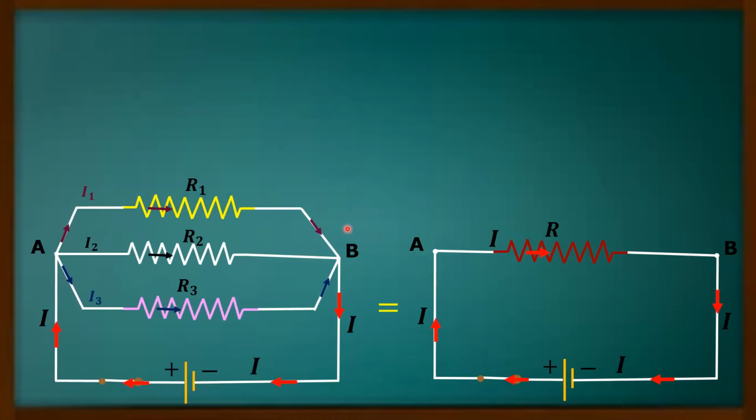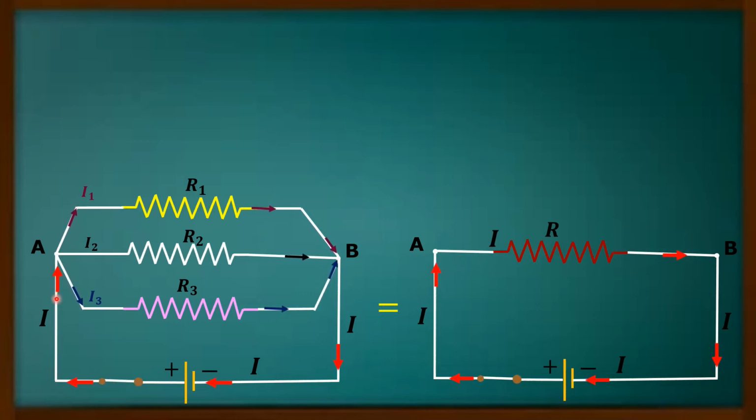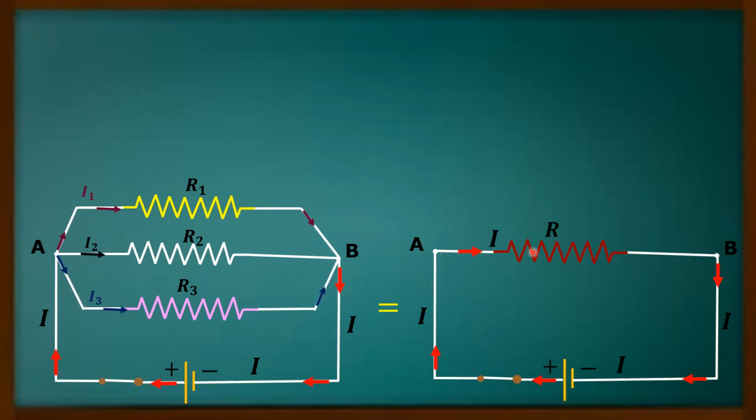Now you can see the two circuits, and this circuit is equivalent to this circuit only. Whatever current is flowing in this circuit, the same current I is flowing in this circuit.